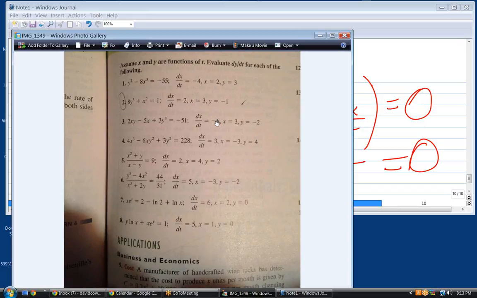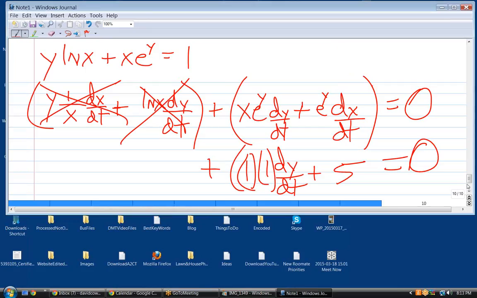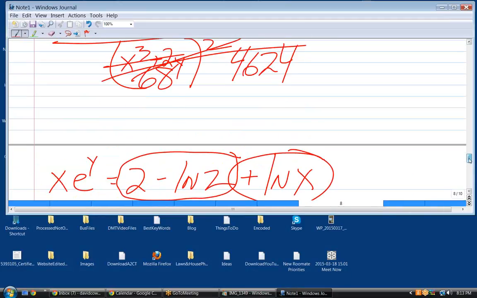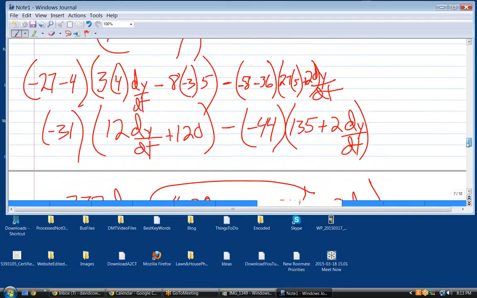This would have been a lot harder if this would have said solve for dy dt. In other words, if they didn't say evaluate, but solve for it, and they didn't give us these 3 values for each problem, then we wouldn't have been able to use that little trick of substituting early.